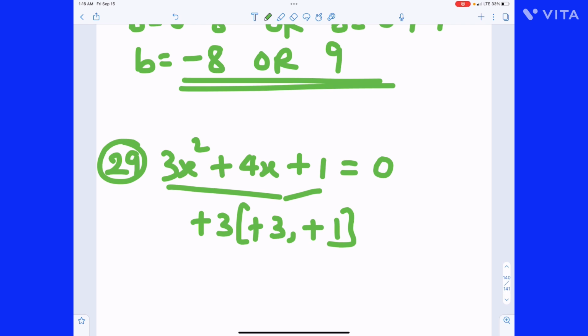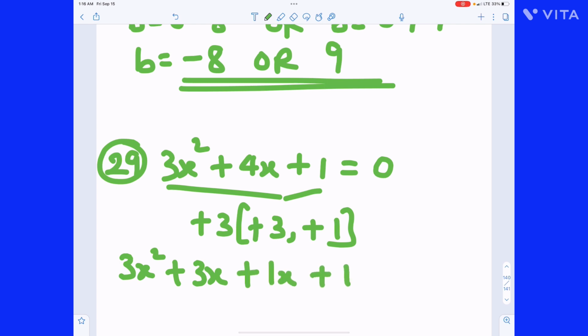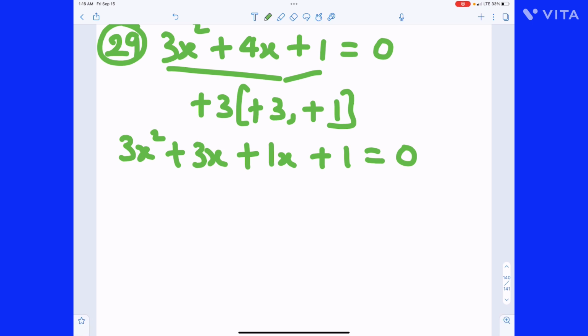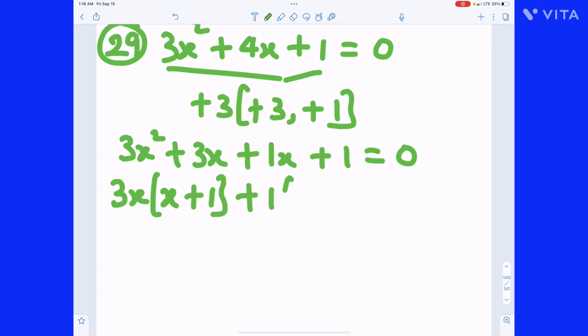So that's going to be what? 3x squared plus 3x plus 1x plus 1 is equal to 0. I hope you can see that very well. So common factors: 3x, x plus 1, then plus 1, x plus 1 is equal to 0.